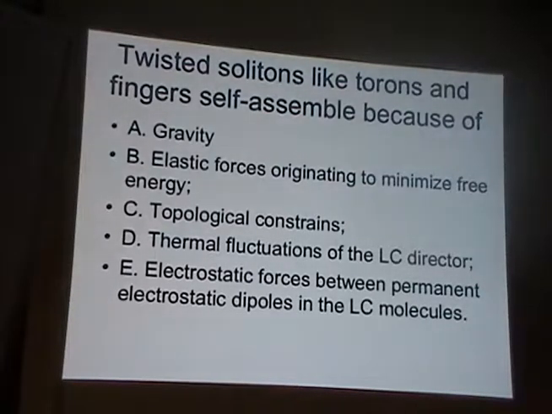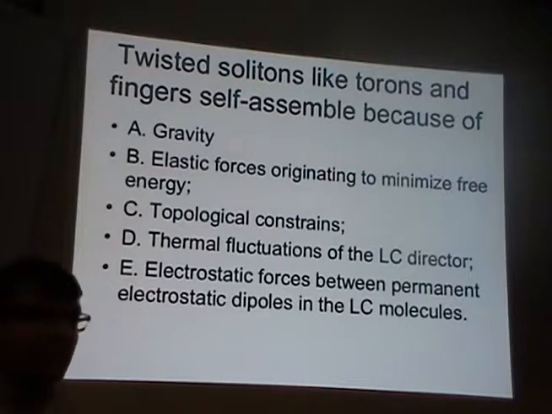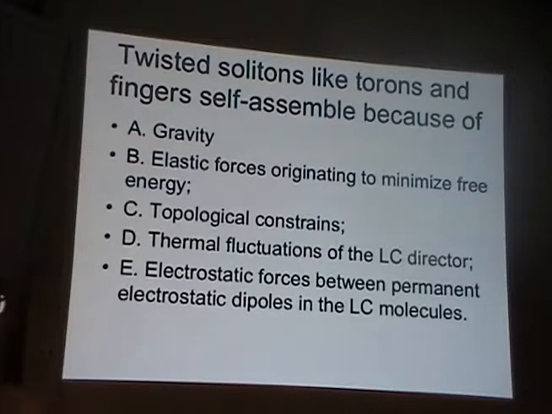Perhaps you could think about the answer based on the other examples we discussed for self-assembly of torons in applied fields, and what were the reasons we were able to have this self-assembly and control it.